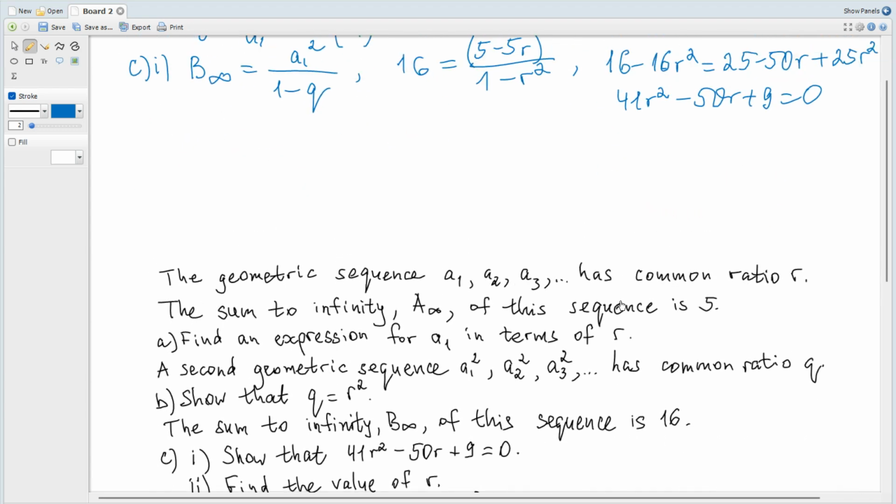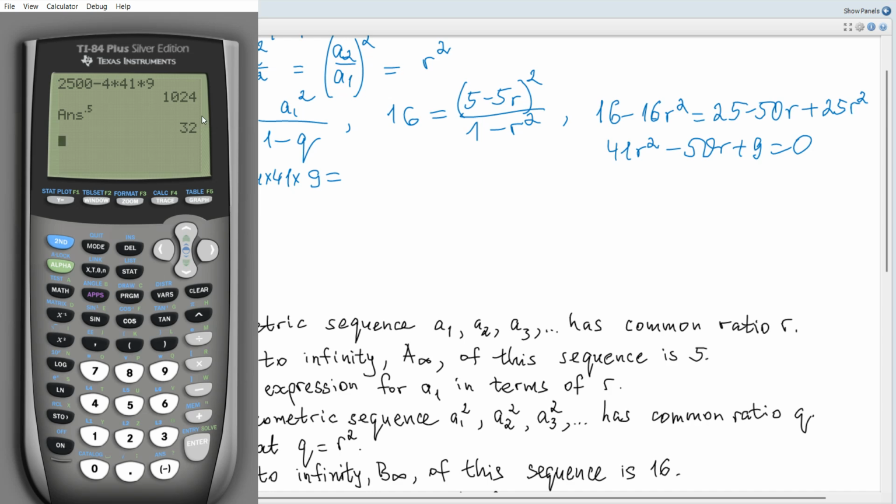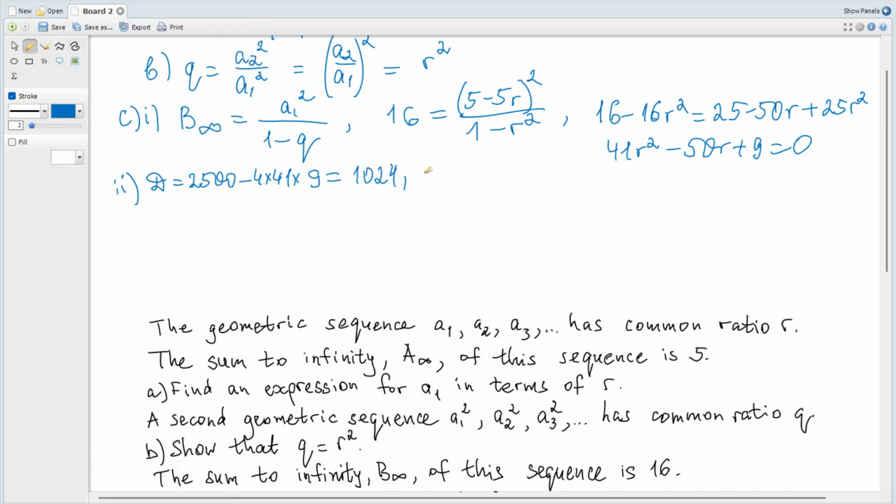Then find the value of r using the discriminant. Discriminant is b squared minus 4ac. Using a calculator, the square root of this value is 32. Roots are negative b plus minus root of d over 2a.